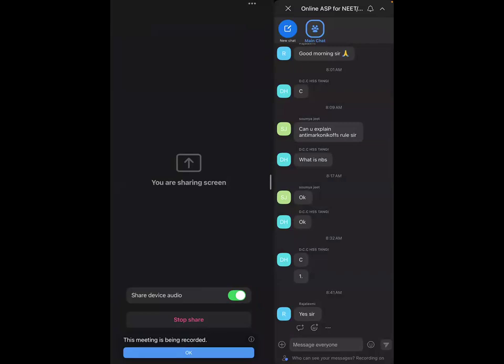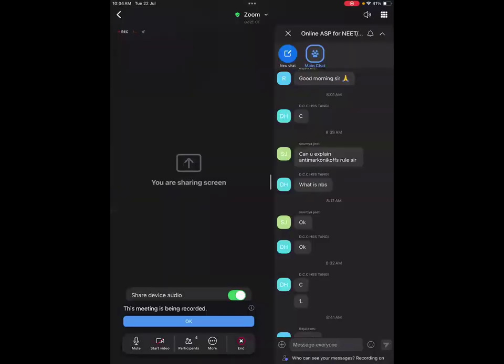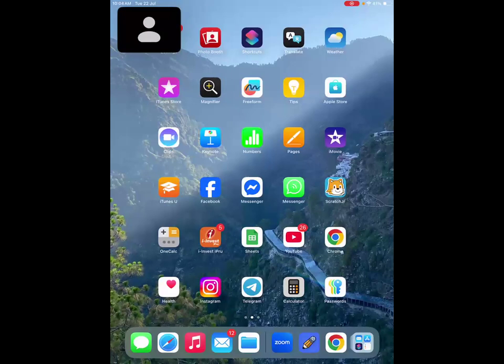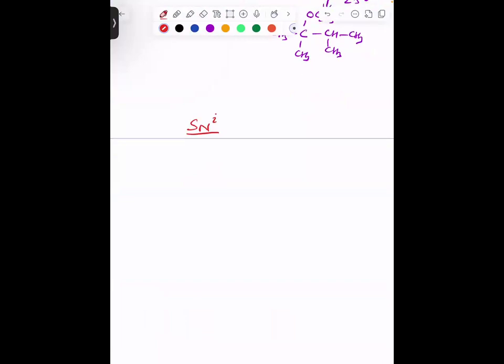Now we are going to discuss the SNi reaction. What is the full form of SNi?